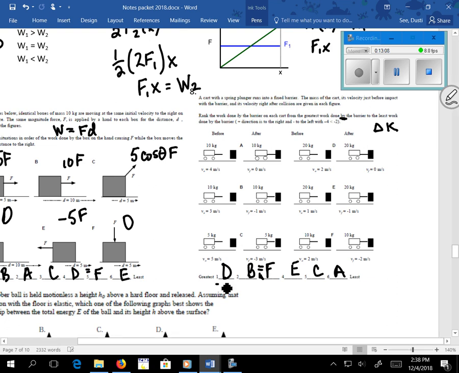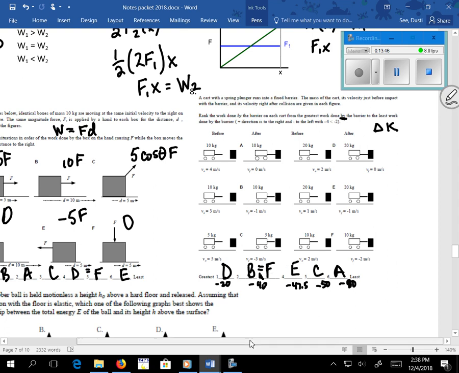So we have negative 20, and then B and F are negative 40s. Then we have E, which is a negative 47.5. Then C is a negative 50, and then this is a negative 80, so it would be the least. Even though it's the greatest change in the kinetic energy, because of the comment made about negative 4 being less than negative 2, we have to set it up that way.